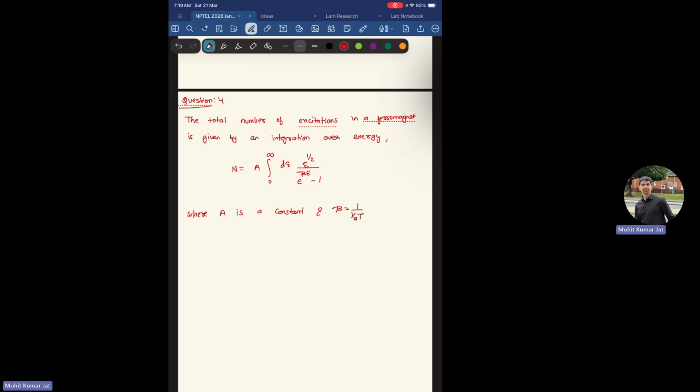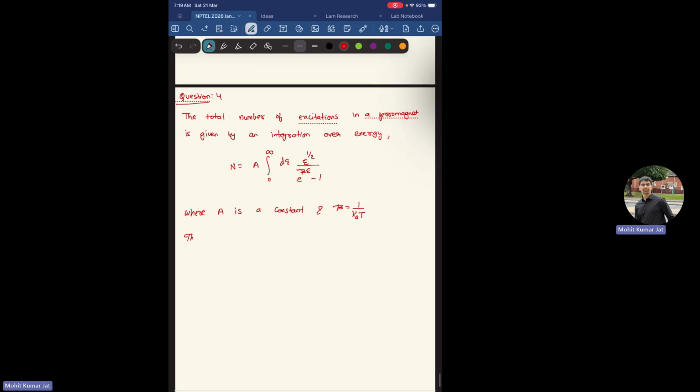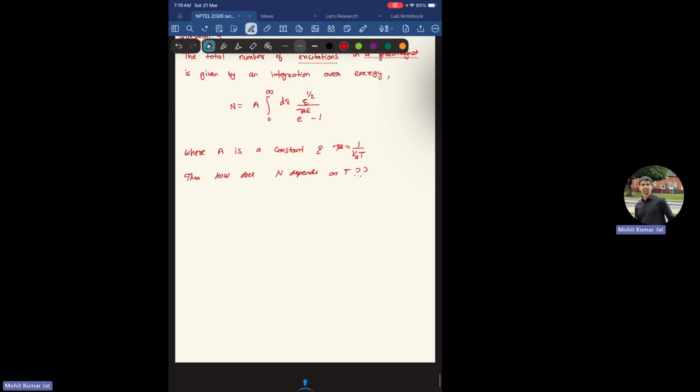Then how does the total number of excitations in a ferromagnet depend on temperature? How does N depend on T? That's the question.